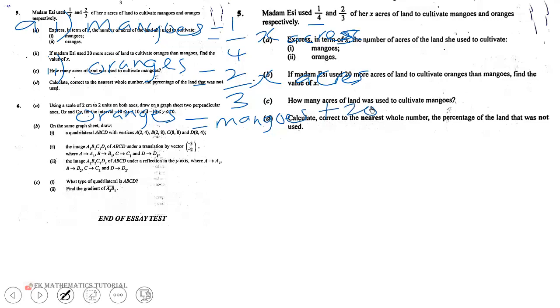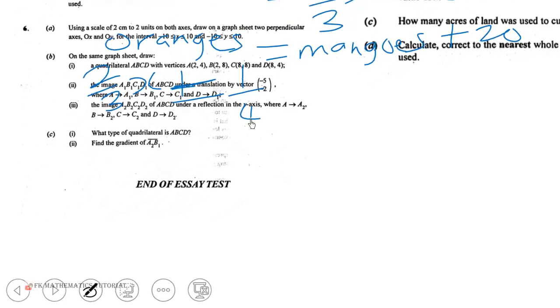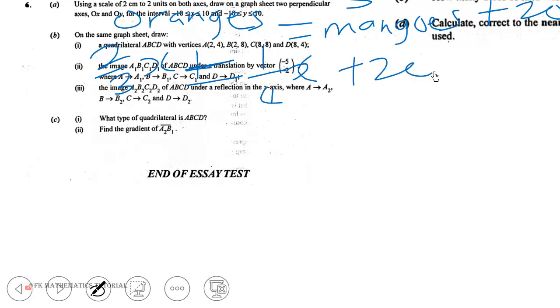So we have 2/3 x, which is for oranges, is equal to mangoes, which is 1/4 x plus 20.